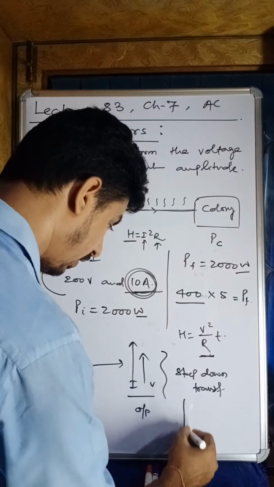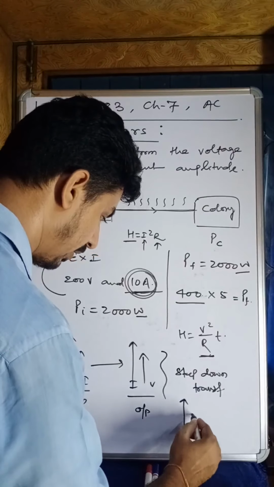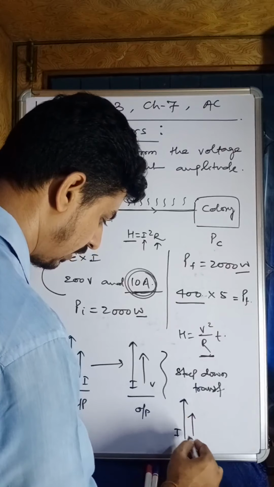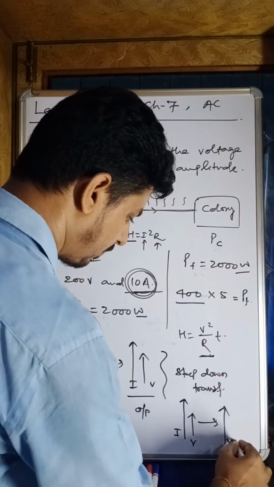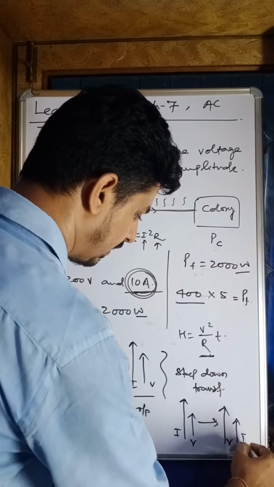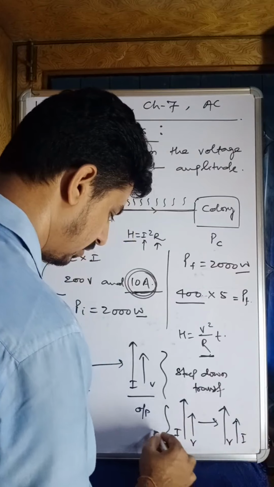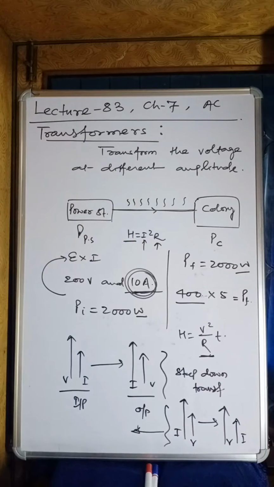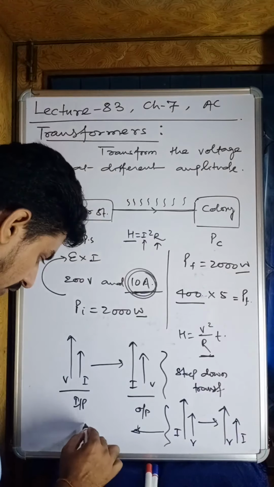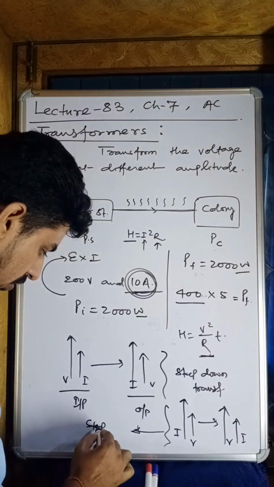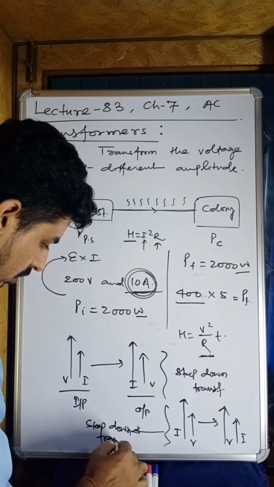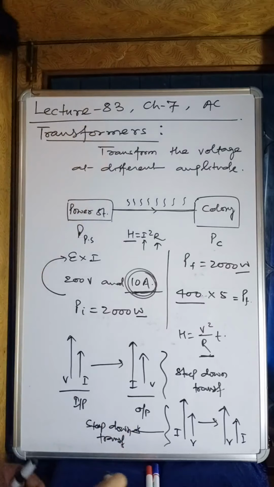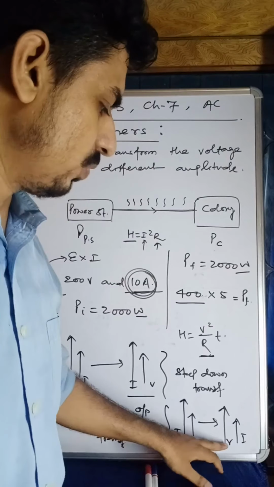if high current and low voltage, this is the current and this is the voltage, convert into high voltage and low current, then this is another kind of transformer, called the step up transformer, in which low voltage is converted into high voltage.